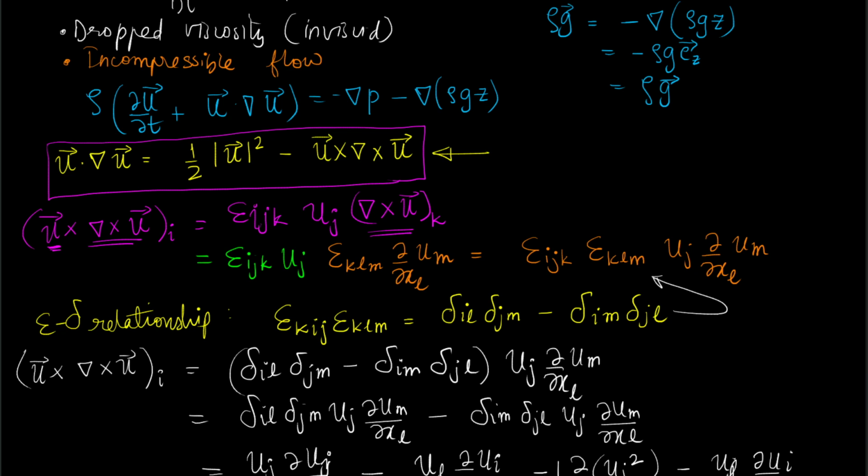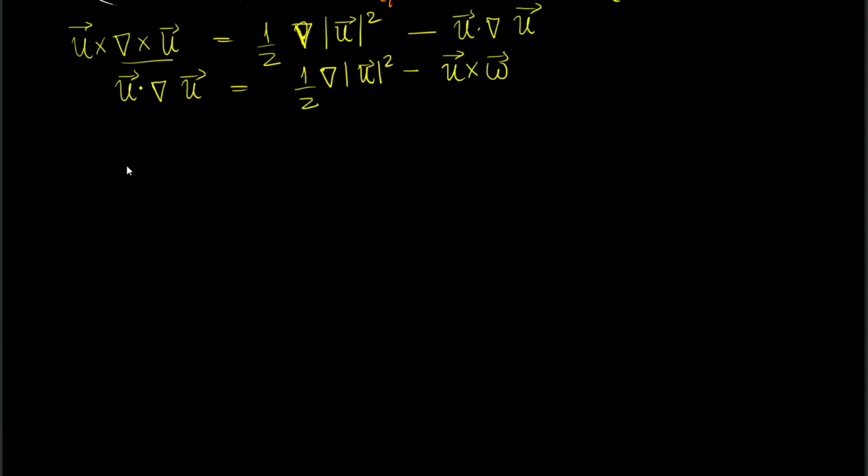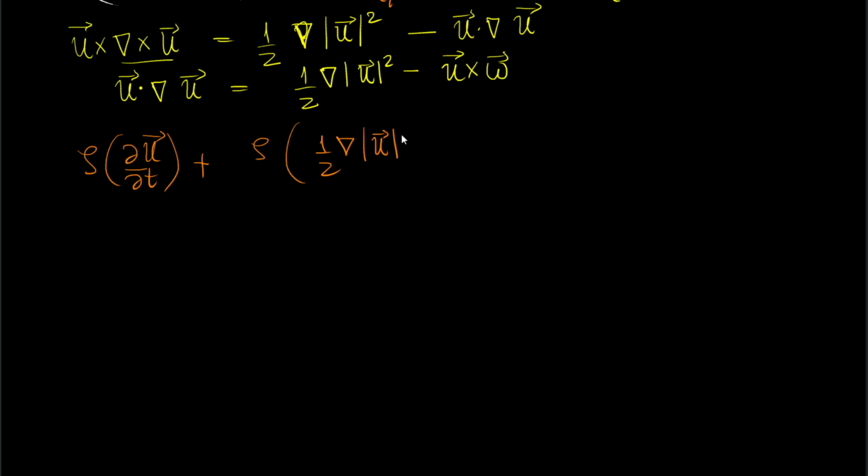So what do we have? We have rho del u del t plus rho half gradient of mod u square minus u cross omega is equal to minus gradient of pressure minus gradient of rho gz.